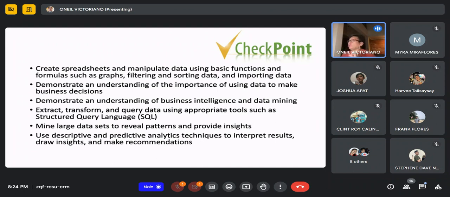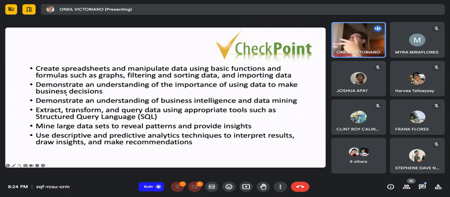No? So to be able to use spreadsheet, particularly Excel, to manipulate data using basic functions and formulas such as graph, filtering, sorting data, and import data. No? So that's one of the competencies. Second is to be able to understand or demonstrate understanding of the importance of using data to make business decisions.